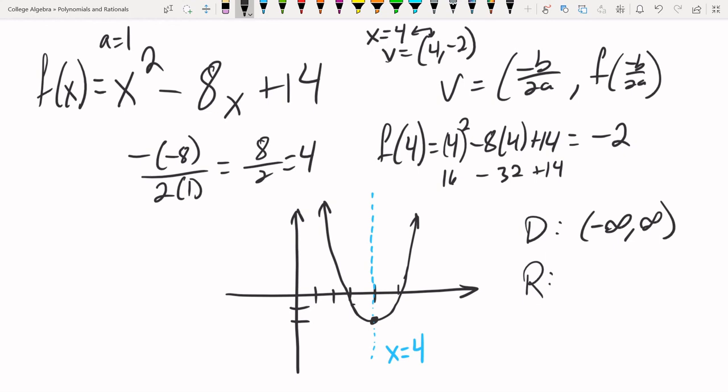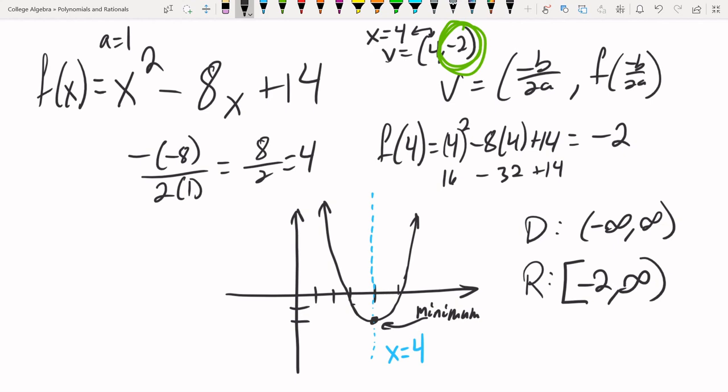You can see that directly from the graph. This is a minimum point here. That means the range is going to start at the minimum y value. In this case, the y value is -2. So the range is going to start at -2 and go up to infinity. I actually need to draw a square bracket around the -2 because that point is included in the range.